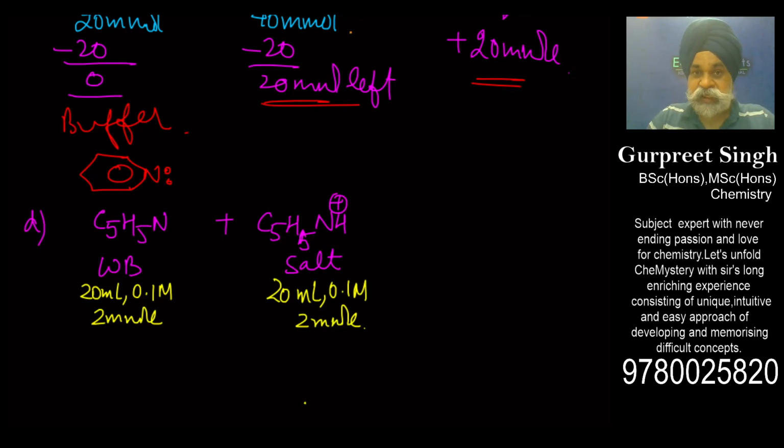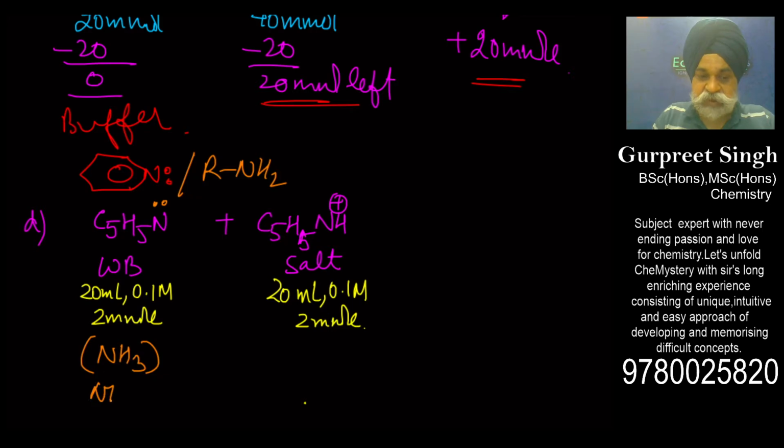So basically, in the case of a nitrogen containing base, say for example this one, or if you are given some primary amine or secondary amine, my suggestion would be, always when you get something where the nitrogen is containing any amine type of species, just treat that as ammonia or ammonium hydroxide. This is a tip to remember from my side.